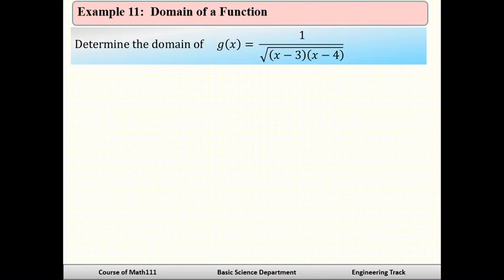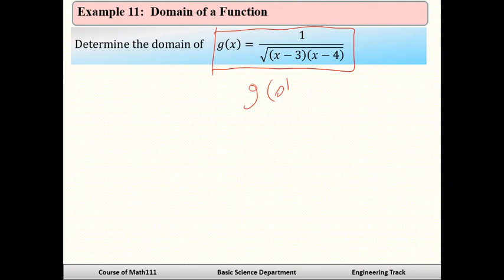Now, let's determine the domain of g of x. Look at this function and try to see which x's will be accepted for g of x. You can try to find them by listing them, but this is not what I want to do.